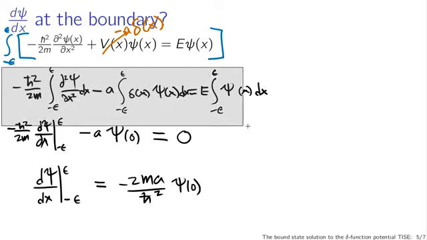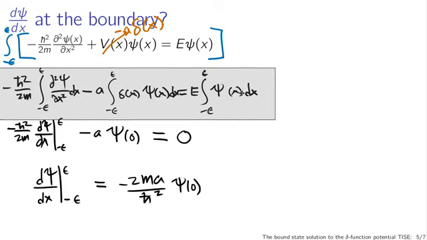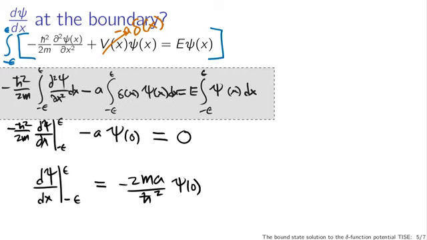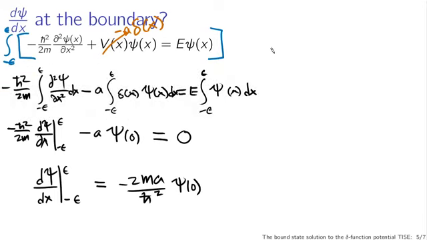Let me try and move this over a little bit to give myself more space to work. What we're left with then is substituting our general expression for our solutions for psi, now away from the boundary, into this expression.